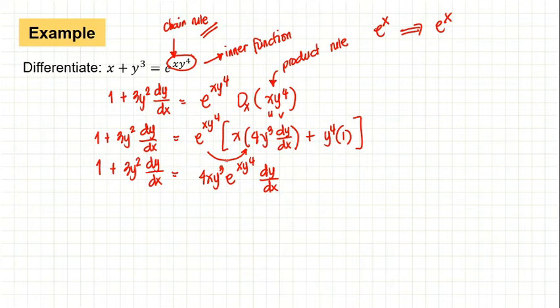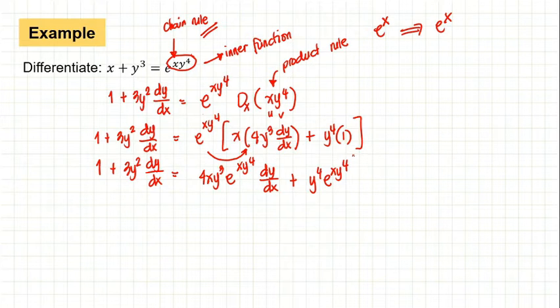So I just multiplied e raised to xy to the power of 4 times x times 4y cubed dy over dx. So pinagsama ko lang lahat. Okay? Plus, you distribute this one and to y to the power of 4. So we have y to the power of 4 e raised to xy to the power of 4.